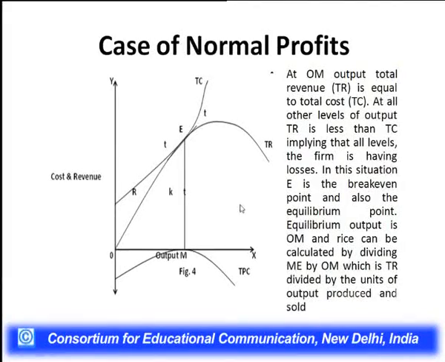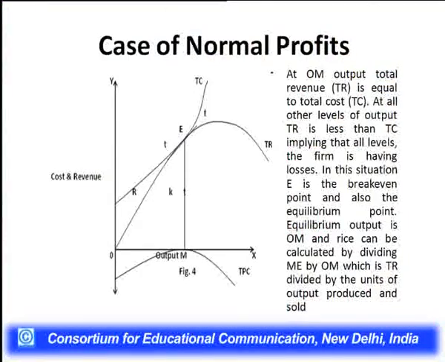Now the other case can be of normal profits. It is not necessary that the firm is having supernormal profits. There may be some firms which are getting only normal profits. So the case of normal profits is there when total revenue is equal to the total cost of production.